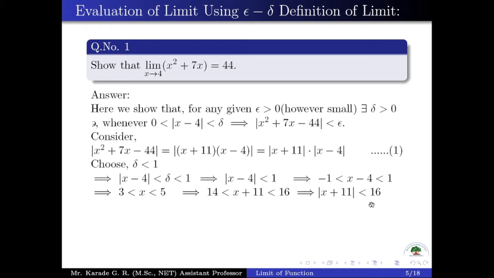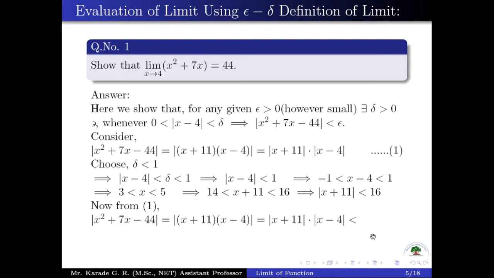Now from equation 1 we have this thing. This quantity is less than 16 and this quantity is less than delta. So the whole quantity will be less than 16 into delta, and this implies finally that mod of x square plus 7x minus 44 is less than 16 into delta.